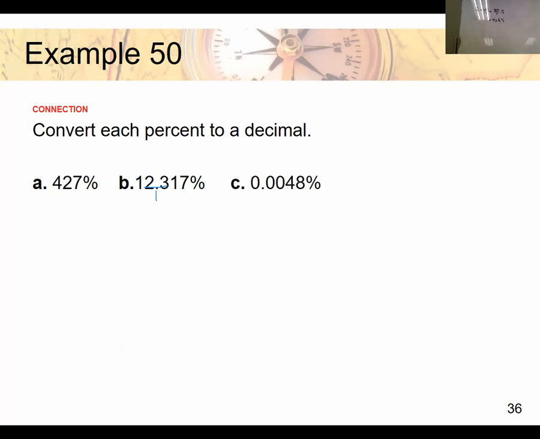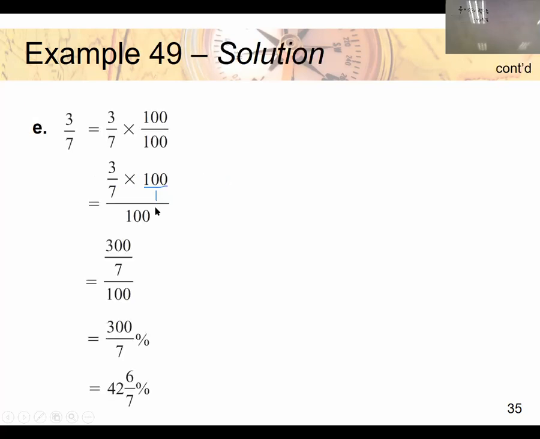So with these, let's say I want to convert each percent to a decimal, like this one. Say we got 427%, and then I want to, okay, let me go back to this right here.